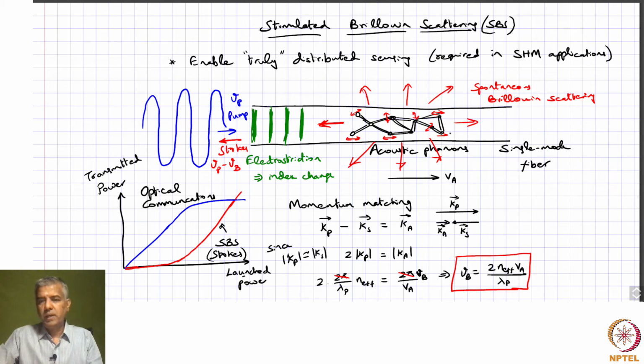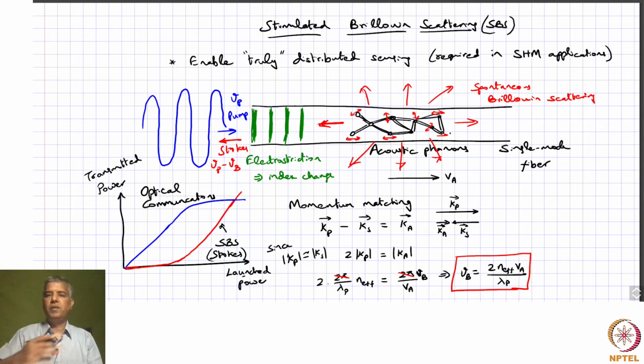You can actually look at it in a different way as well. Because the scattering is happening from an acoustic phonon traveling from left to right, it is constituting a sort of shift in the backscattered frequency through the Doppler effect.